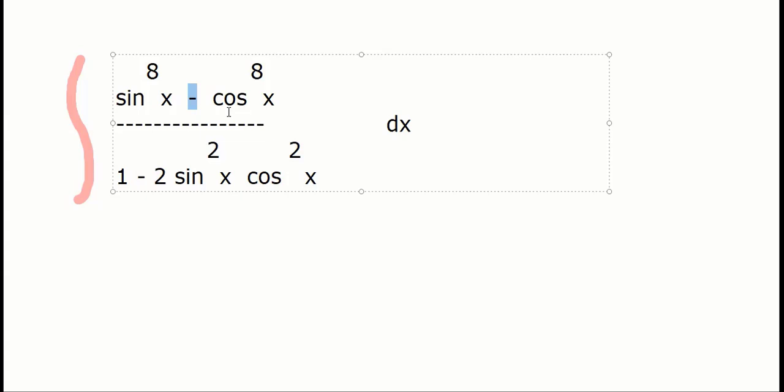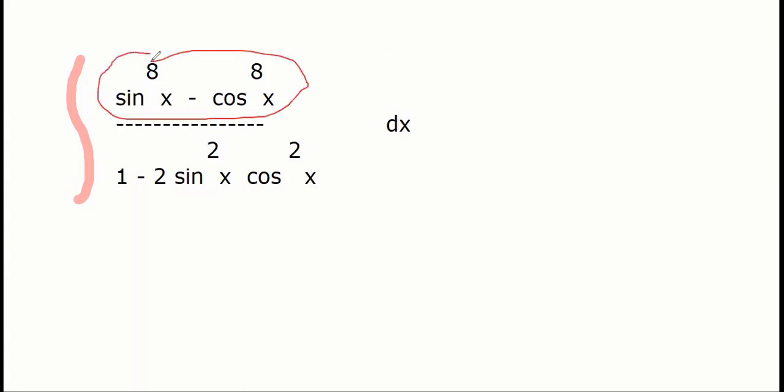A square minus B square means A plus B into A minus B. So I can write this part as A square minus B square.